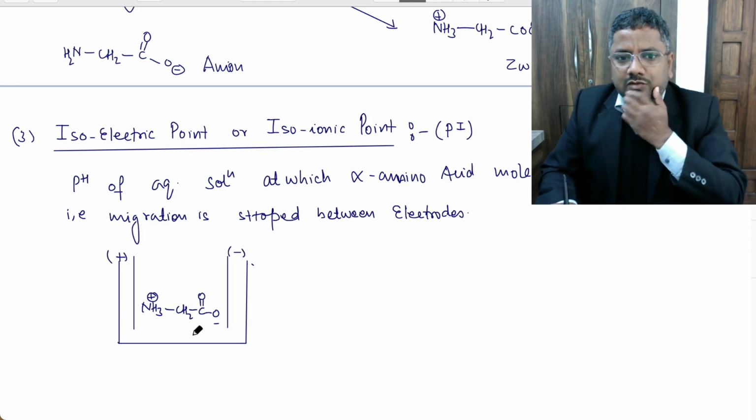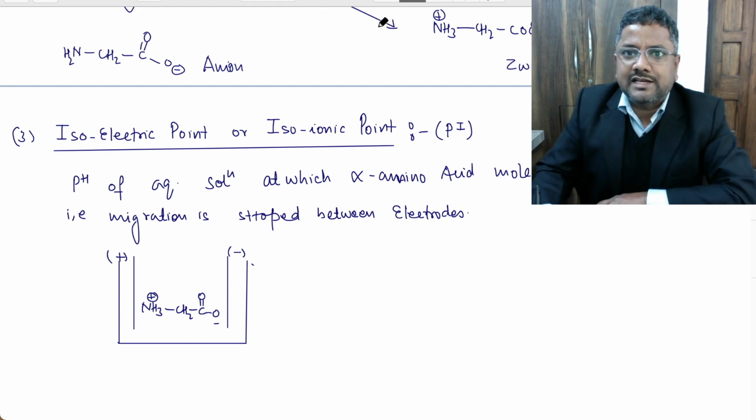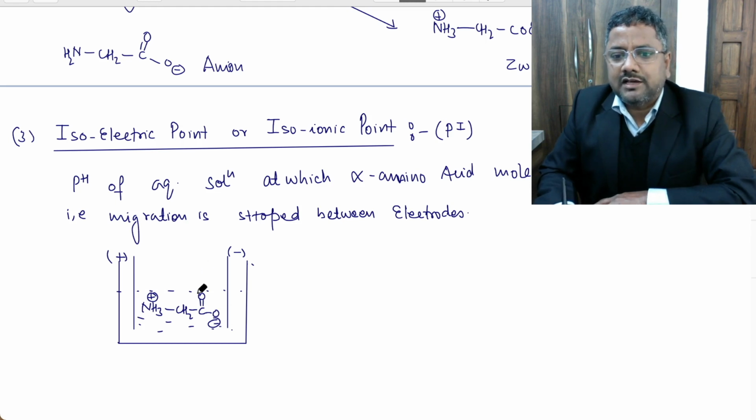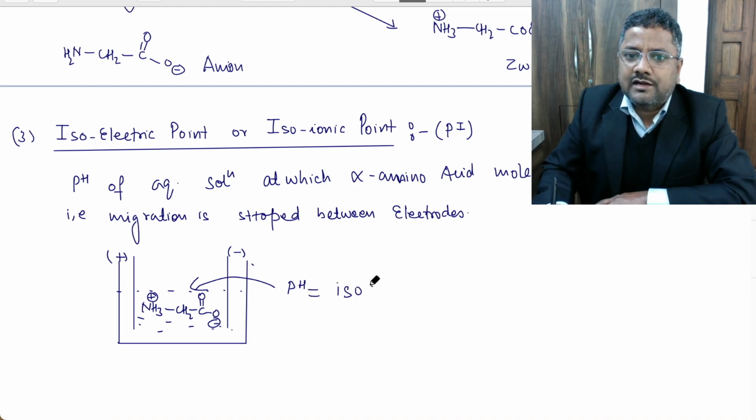If this molecule exists as a Zwitter ion at a specific pH, as I have shown here, then at that pH the migration of this dipolar ion between the electrodes is stopped. So that pH, at which the migration is stopped, is known as the isoelectric point.